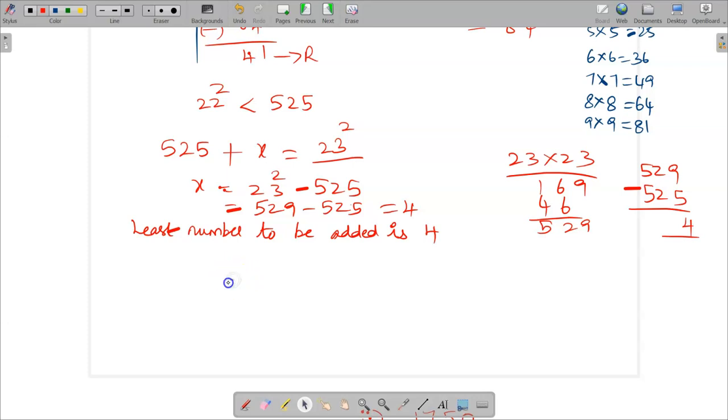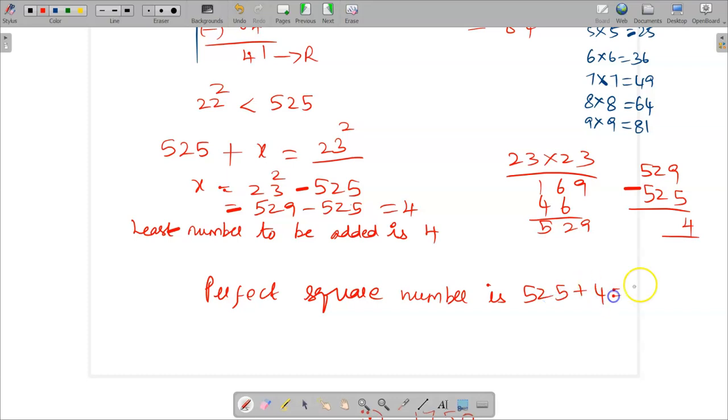The perfect square number is 525 plus 4, which is 529. For 529, I have to find the square root.